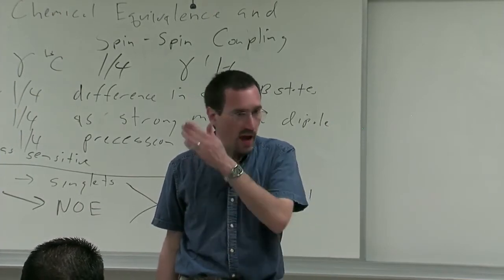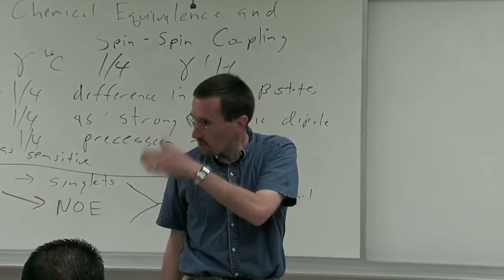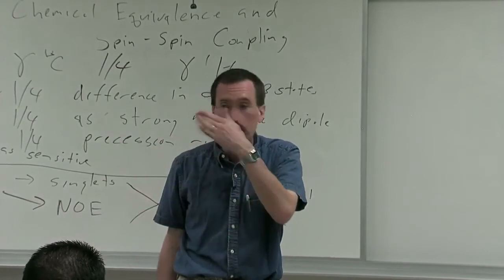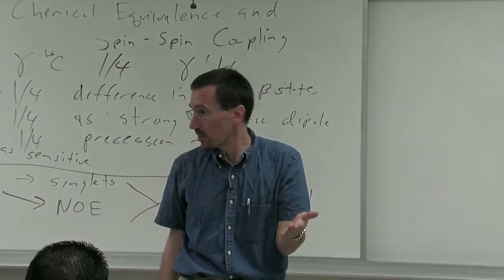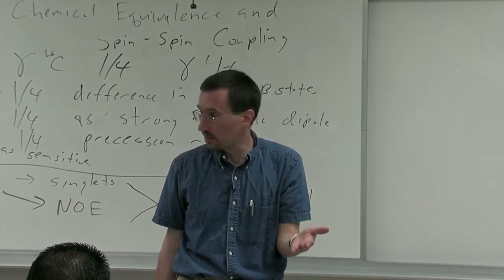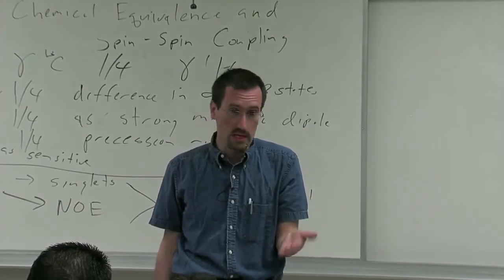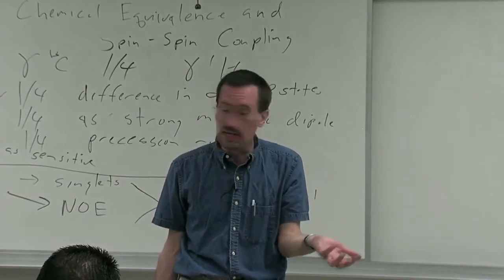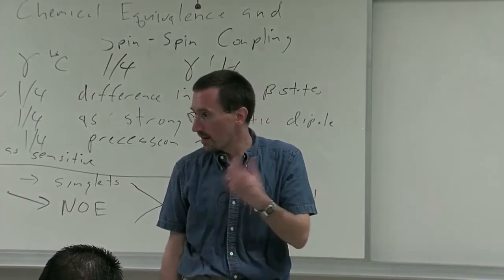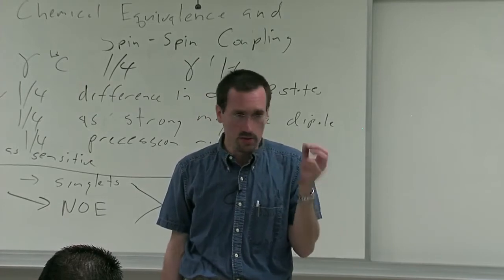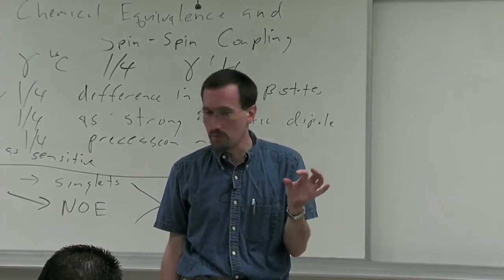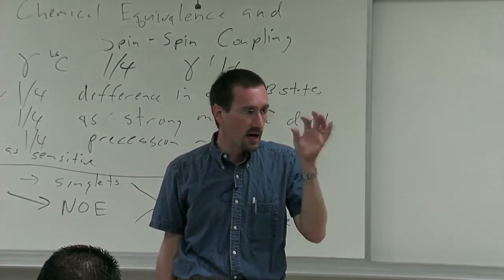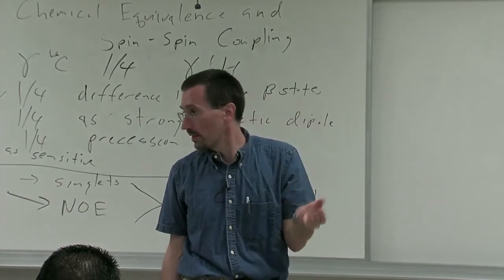And remember, 1 milligram versus 10 milligrams is going to take 100 times as long to collect the same signal-to-noise ratio. So if you're in your research lab and trying to collect a carbon spectrum, it makes sense to weigh your sample, or at least be cognizant of how much you put in your NMR tube, because you want to get your spectrum quickly and with good signal-to-noise ratio.